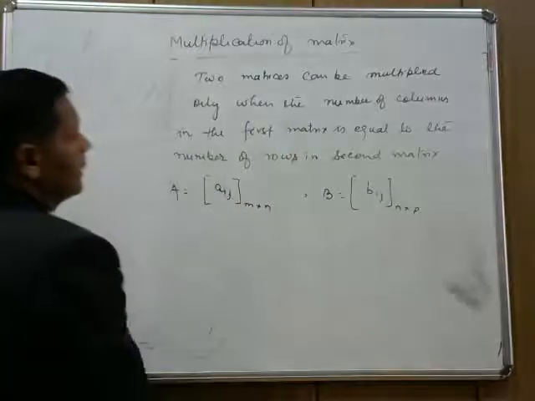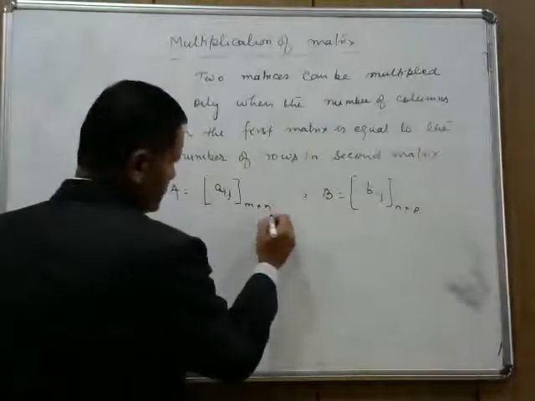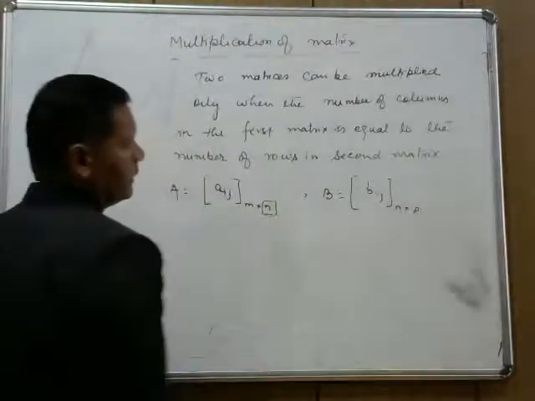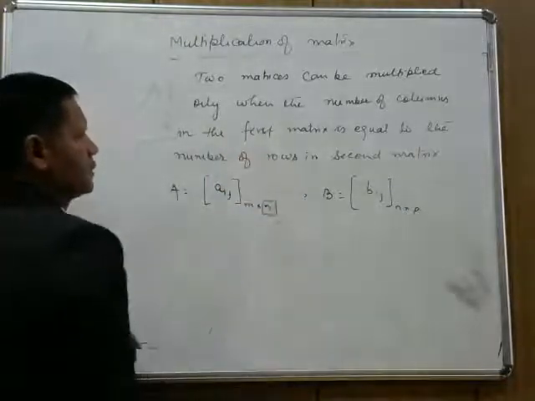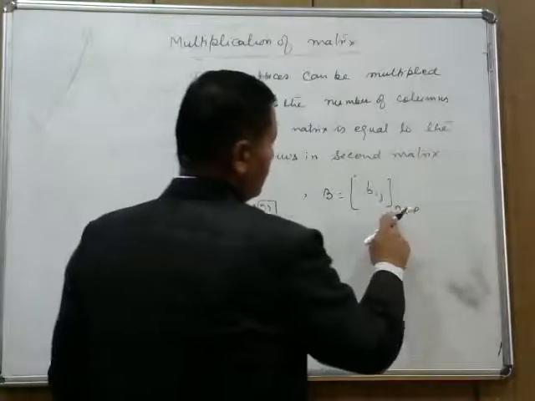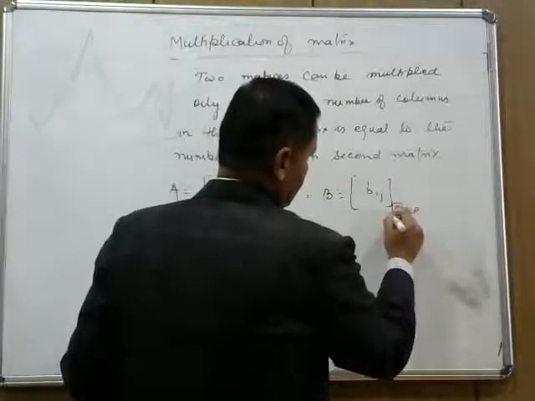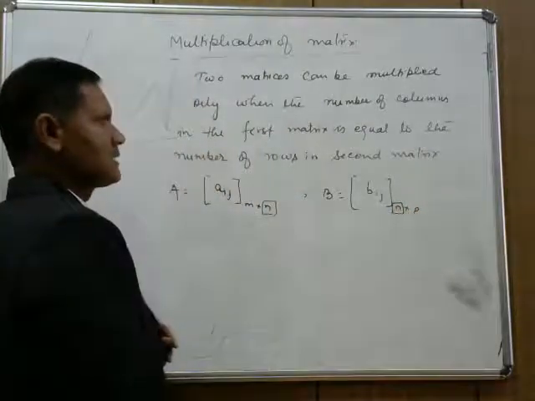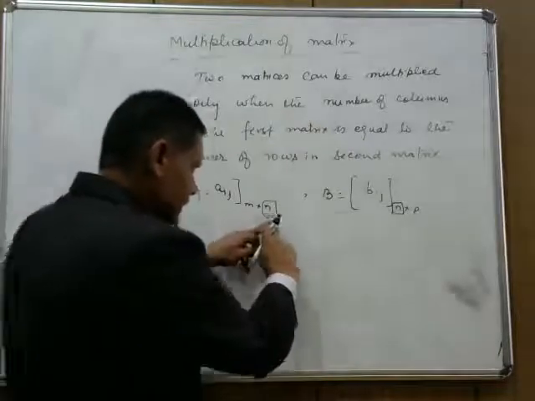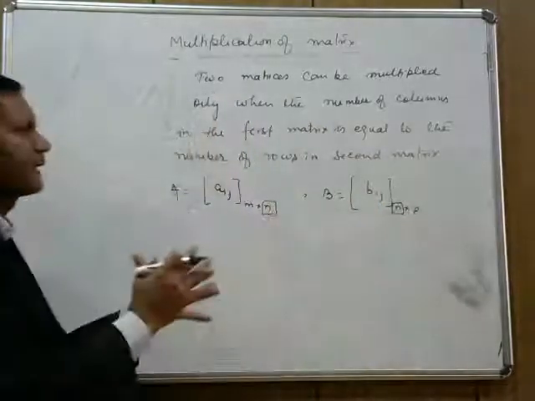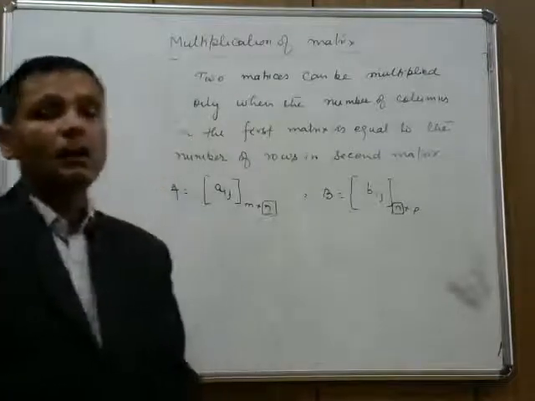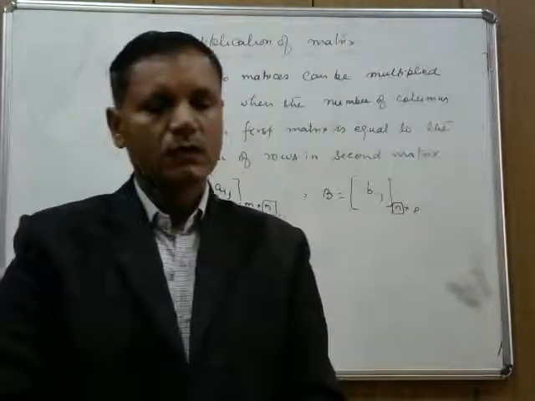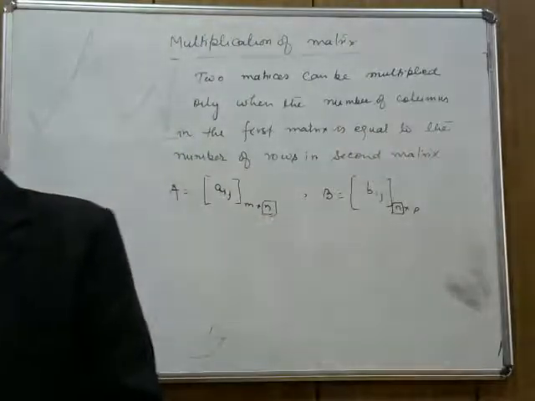Now see here, the number of columns of the first matrix is equal to the number of rows in the second matrix. That means here this n is equal to n, then only I can multiply. Then we say that yes, these two matrices are compatible for multiplication, right?